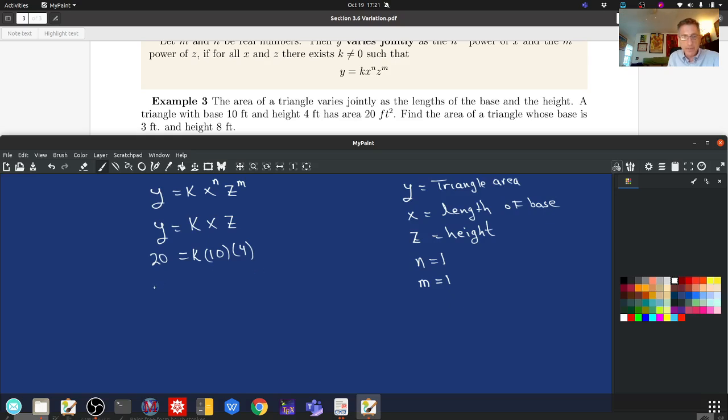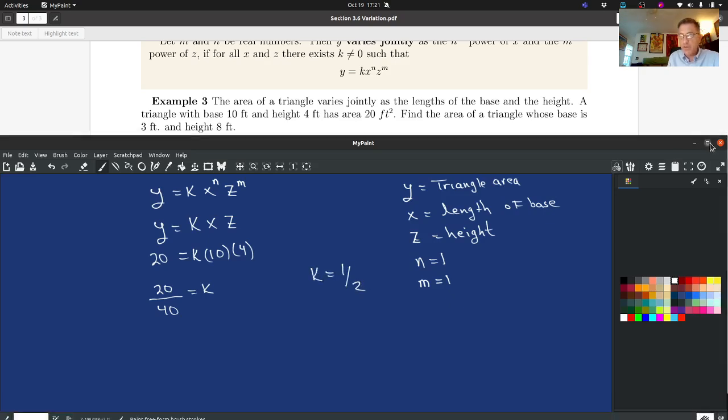So let's find the value of k. Well, all I have to do is divide 20 by 10 times 4, which is 40, and that's k. So k is equal to, we want to simplify that, 1/2.